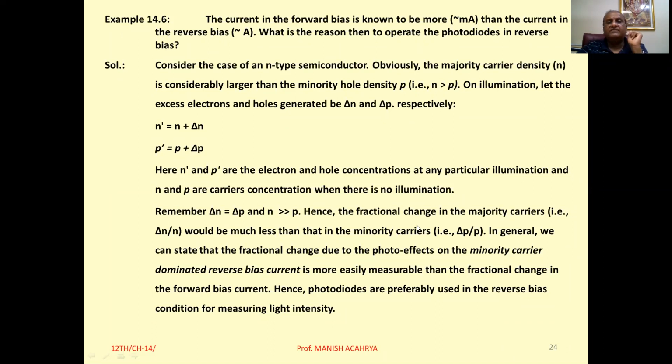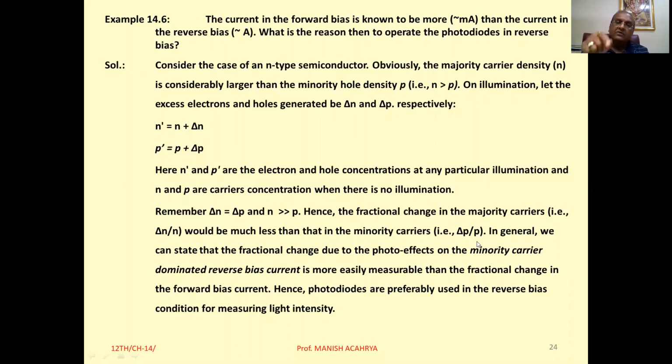But see, if we think about the fractional change in majority charge carriers, that is delta N by N. For minority charge carriers, the fractional change is delta P by P, but N is very much greater than P. Therefore, fractional change delta N by N is very small compared to delta P by P. It implies that when the fractional change in the minority charge carrier is large, then due to illumination, you can easily detect the current constituted by minority charge carriers, because the fractional change is more in that one.